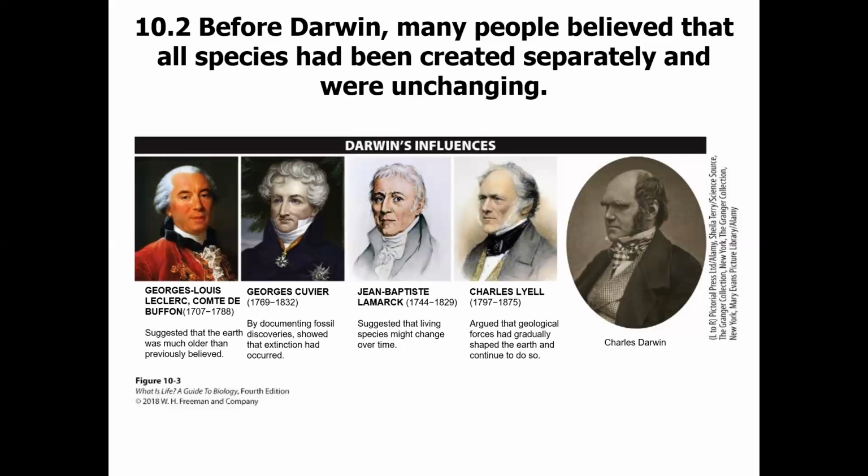Third, we have Jean-Baptiste Lamarck. And Lamarck was probably the first thinker that really kickstarted these ideas of actually talking about what evolution is. Maybe not using the same terminology that we use nowadays, but he had an initial idea. And that idea was that species change over time.